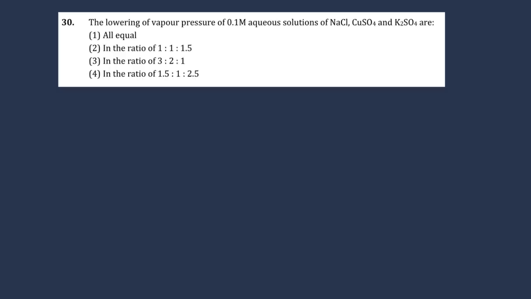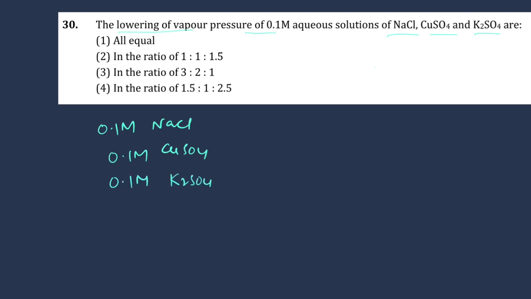Next, what is the question now? The question is: the lowering of vapor pressure of 0.1 aqueous solutions of NaCl, copper sulfate, K2SO4 are equal. So now we have here 0.1 m NaCl, 0.1 m copper sulfate, 0.1 m K2SO4.